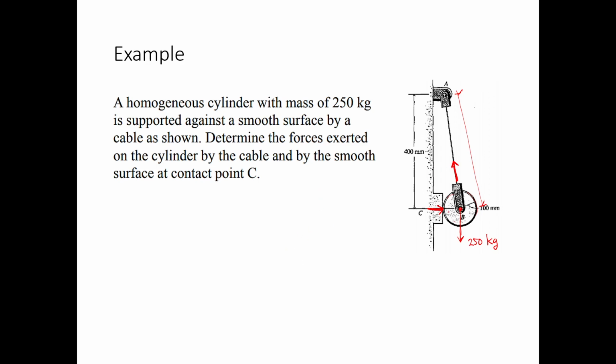So let's say this one is at point B. So we have an unknown tension here. Let's say tension AB.